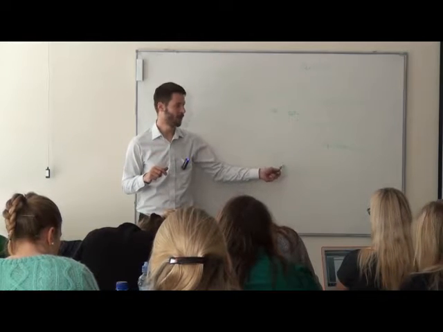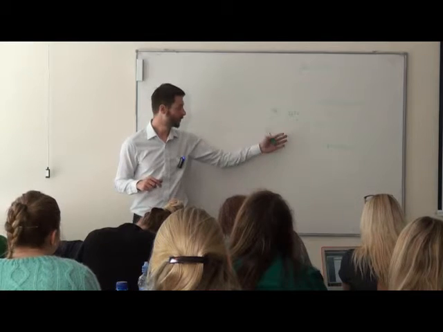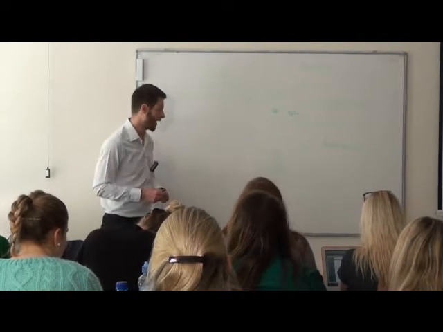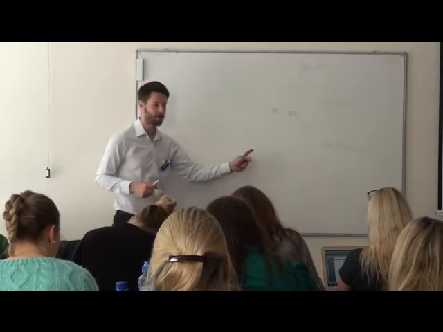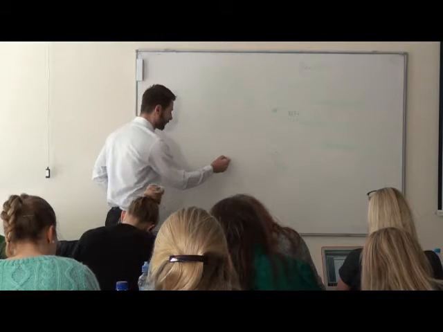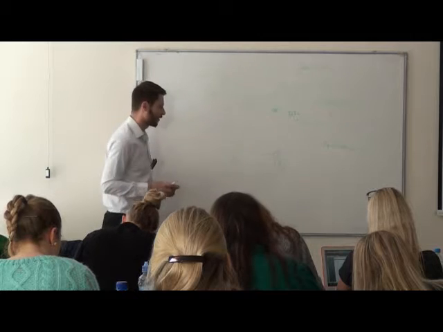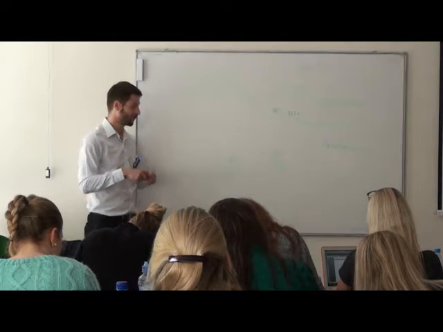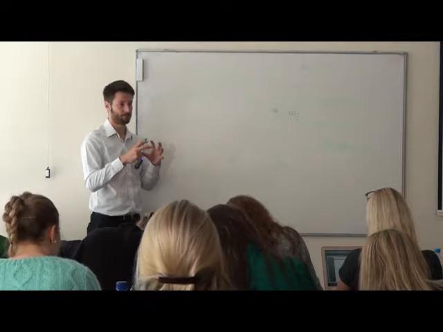So, the cell needs iron, it expresses transferrin receptors that bind transferrin, and the whole complex of transferrin receptor and transferrin is endocytosed. So we have an endocytic vesicle that contains the transferrin receptor with transferrin bound to it.